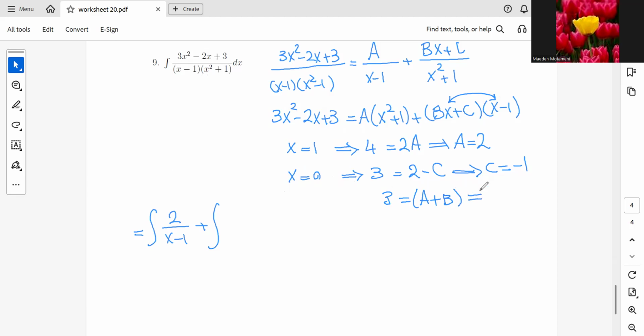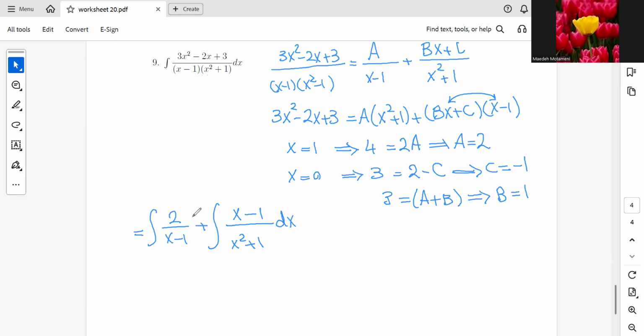Since we know a is 2, we can say b is 1. Or you can pick some numbers for that. So the next integral will be bx, which is x, because b is 1, plus c, which is negative 1, over x squared plus 1.